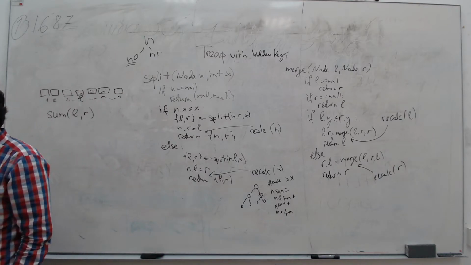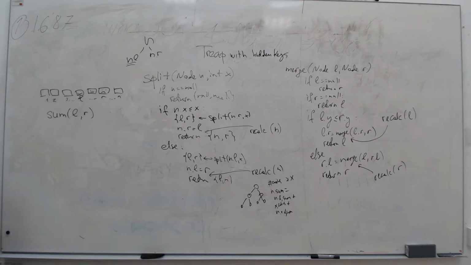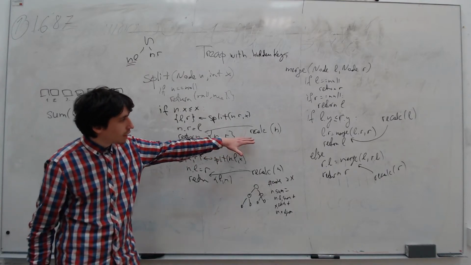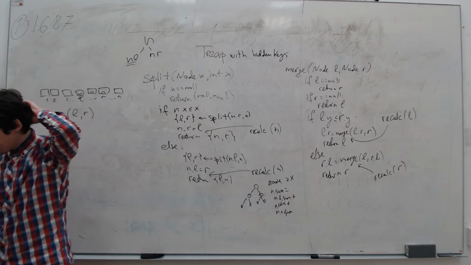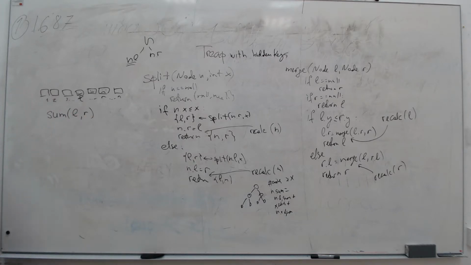Now I will explain a slightly different thing. We already know how to maintain the counts, like the number of elements in the subtree. So how would you answer this question?